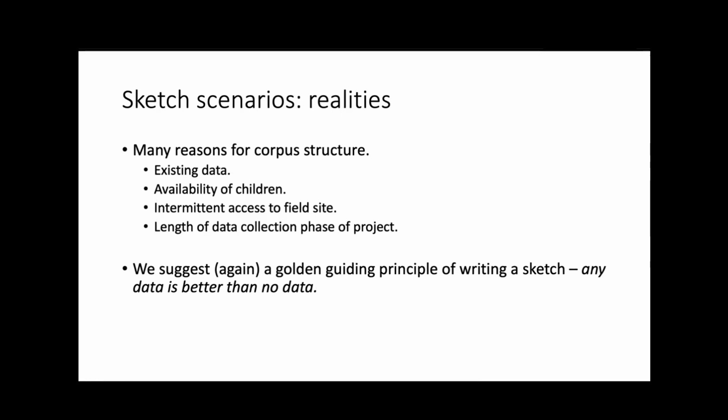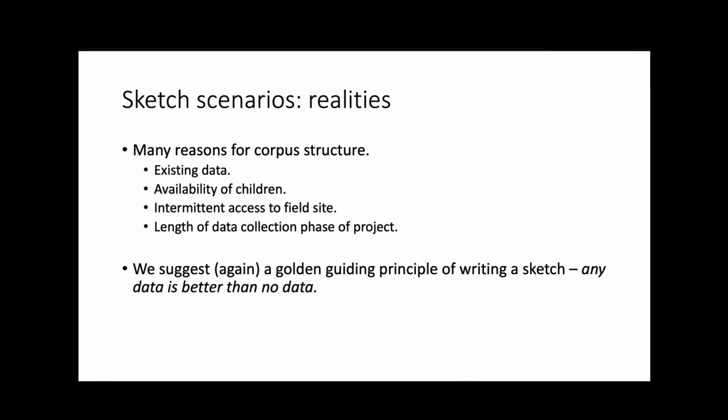The realities of creating a sketch corpus are that there will be many different reasons why your corpus may look different from the ideal setup, and it might have some kind of intermediate solution between, say, the longitudinal setup and the cross-sectional setup. Some of those can be that you have existing data.